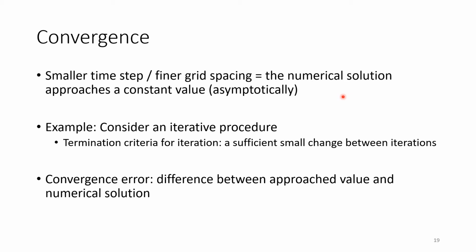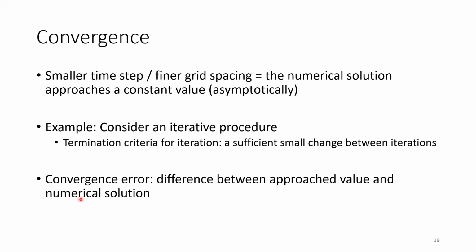And the idea of convergence is that the smaller you choose your time step and your spatial resolution, which means physically as closer you come to the continuous world, as more the numerical simulation approaches a constant value, right? And it doesn't really say something about the value it is approaching, right?